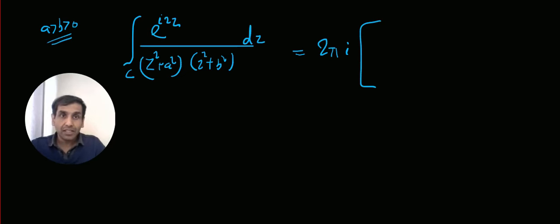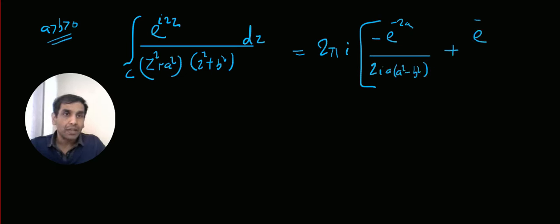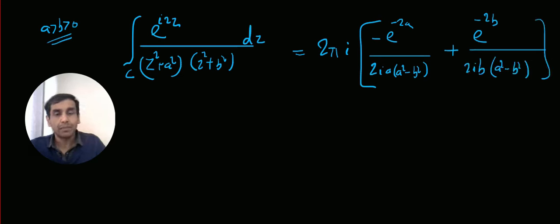The first residue was minus e power minus 2a divided by 2ia times a square minus b square, plus e to the power minus 2b divided by 2ib multiplied by a square minus b square. I hope you got the same answer.